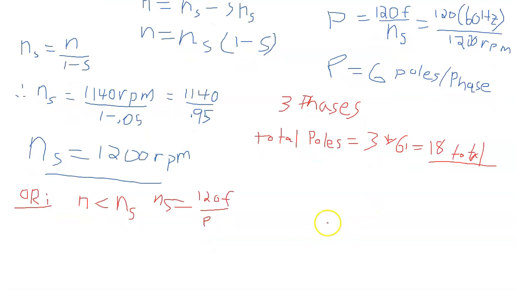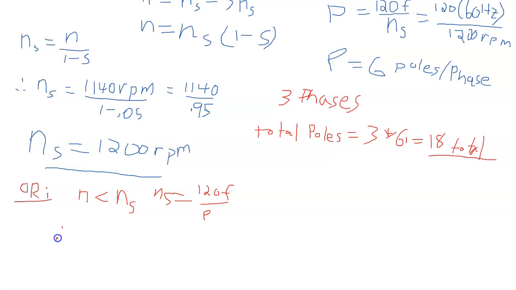And so, therefore, we can make the argument that N is less than 120 F divided by P. If N is less than 120 F over P, then we can say that P is less than 120 F divided by N. And so our inequality, because N is not NS, but this is following math rules, and as long as we don't break any rules, we come up with the right answer.